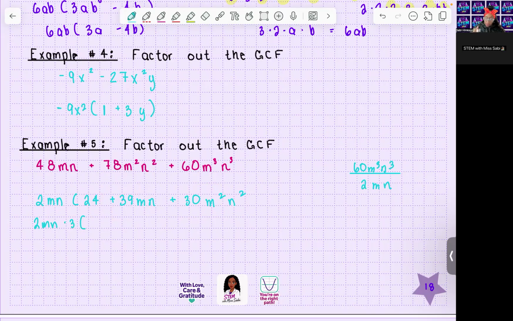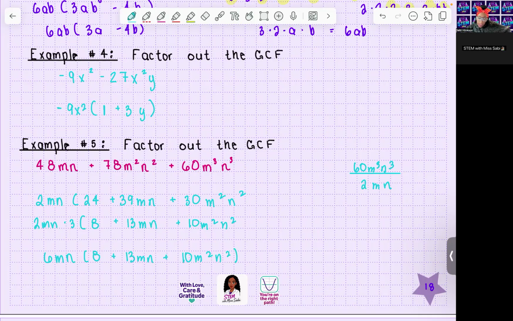So I'm dividing everything by 3, which is 8, plus 13mn divided by 3, plus 10m squared n squared. So the final answer of the GCF is 6mn, because I'm going to do the 3 times 2. 6mn times 8 plus 13mn plus 10m squared n squared.